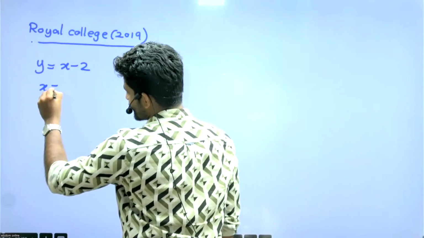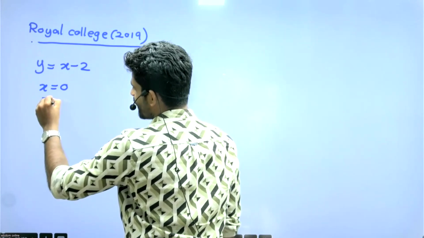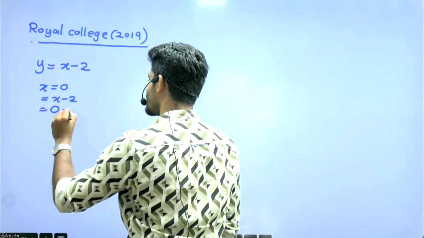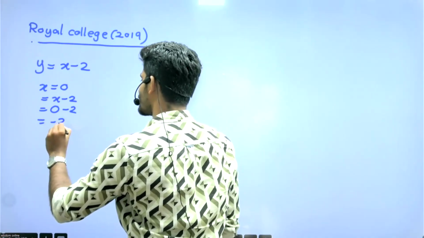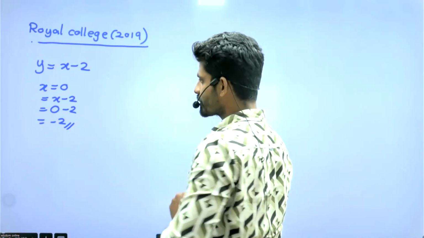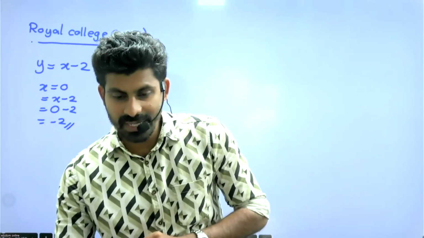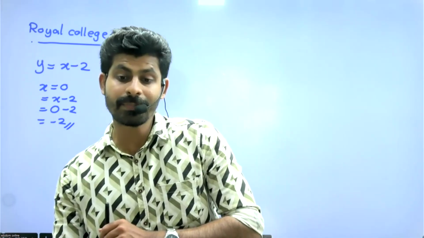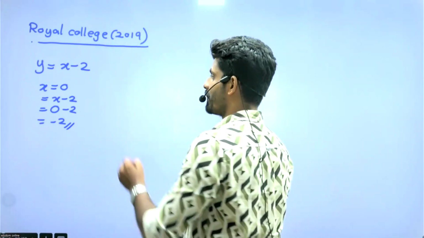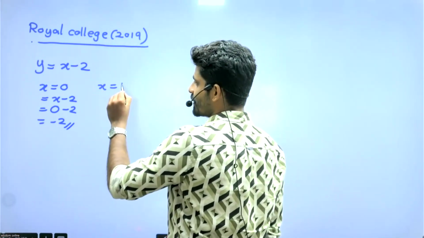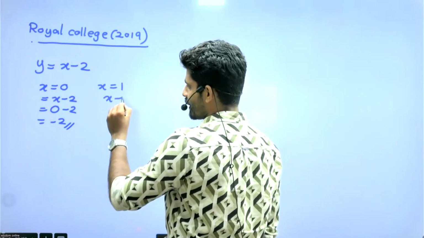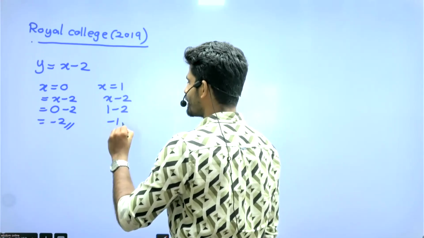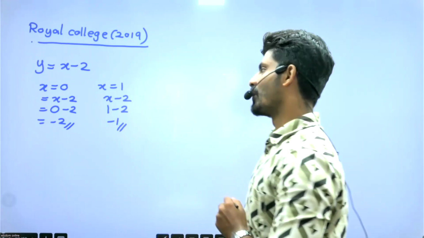x equals 0 means x minus 2, so 0 minus 2, which is minus 2. Then what is the next one? x equals 1 means x minus 2, so 1 minus 2.